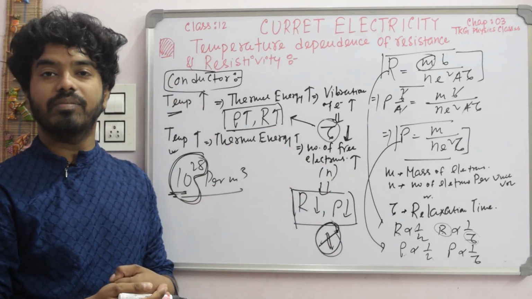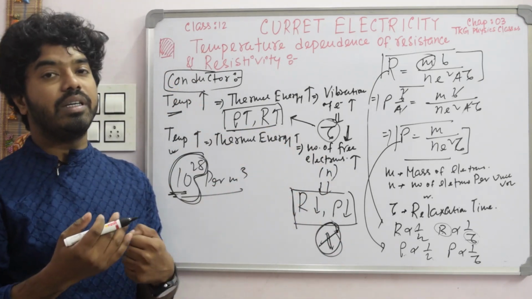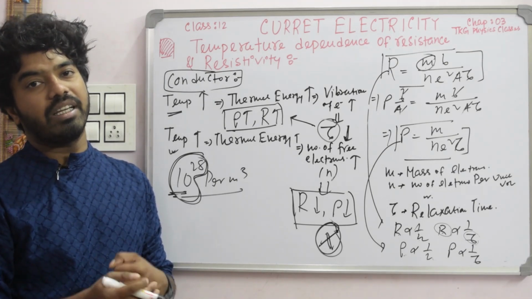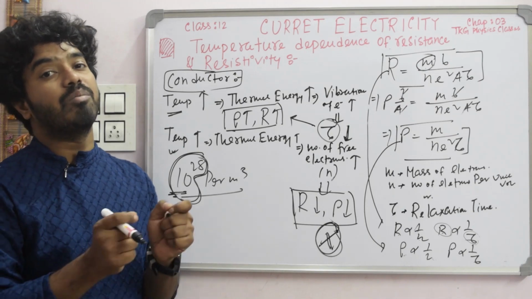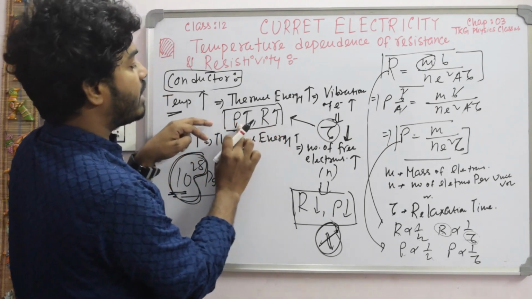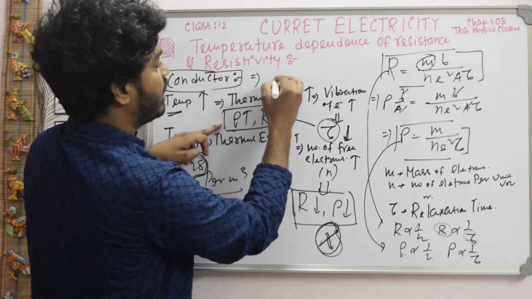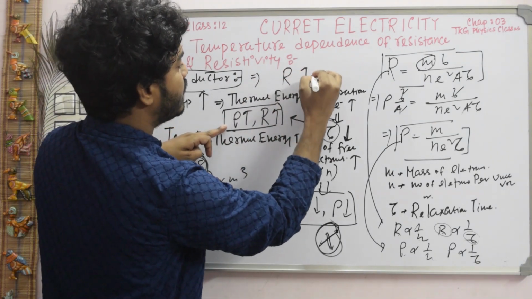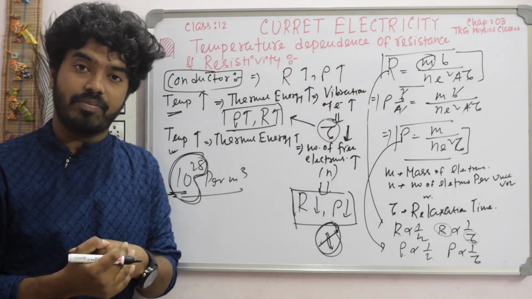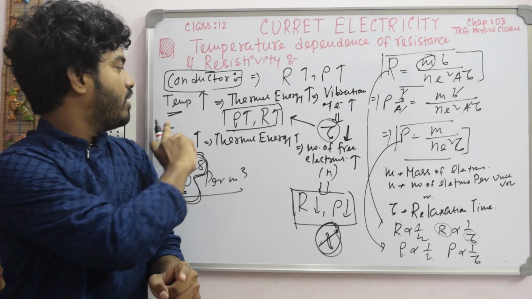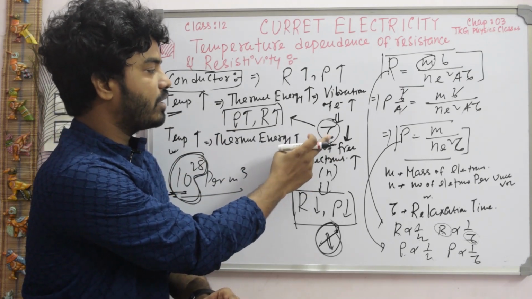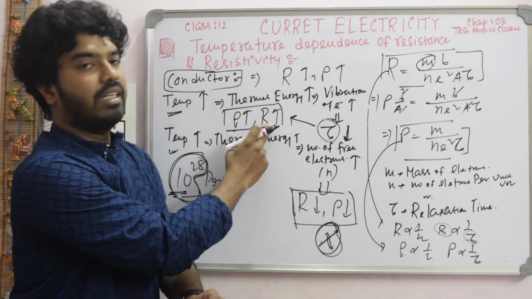So in general, we can say, with increase in temperature, in case of a conductor, in case of most of the metals, the resistivity and resistance both increase. Think about it. When temperature increases, tau decreases. As a result, when tau decreases, rho and R increase.